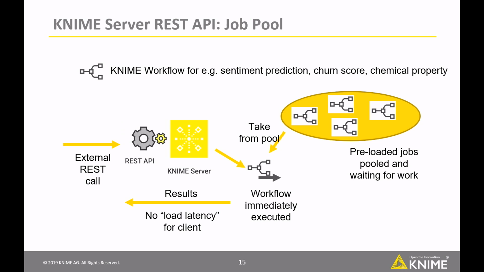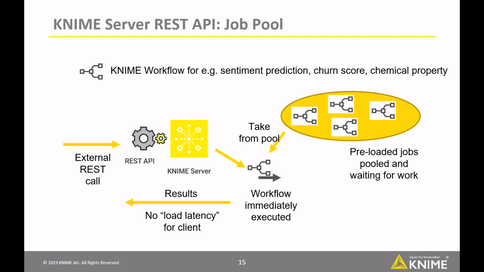So another new feature that's really focused on performance is called job pools. And the idea with job pools, if you look at the way KNIME Server works, when a REST call comes into KNIME Server, it will then work with the executor to load the workflow into memory, and then invoke the workflow, and then grab the data out of it, and return that as part of the REST call. Of course, now you have that loading time that's going to add to your latency.